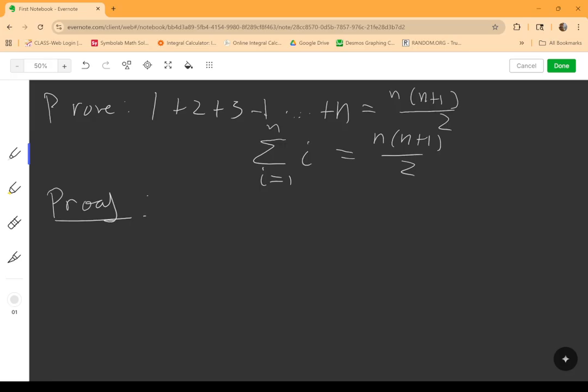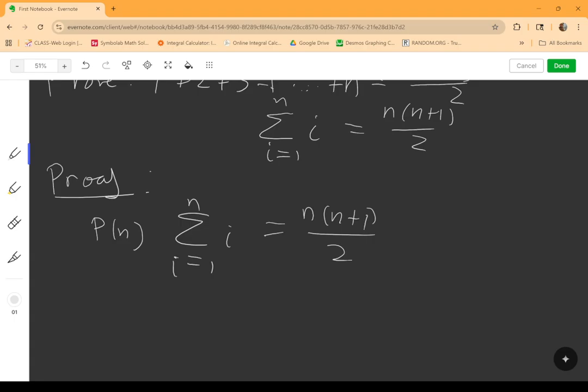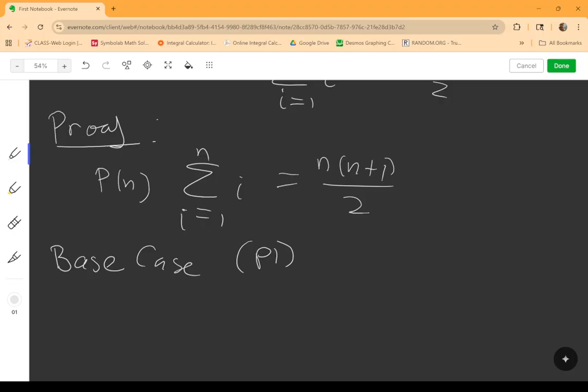P sub n is the statement up here: the sum from i equals 1 to n is equal to n times (n plus 1) over 2. Our base case doesn't start at 0, it'll start at 1. So let's start by proving the base case, P of 1.